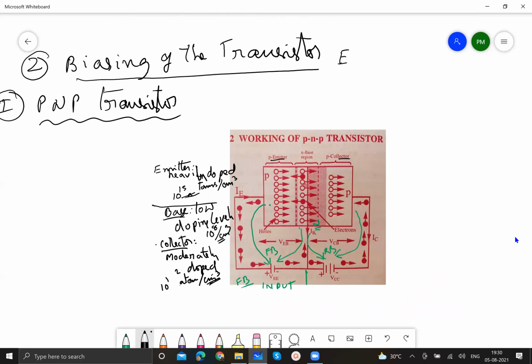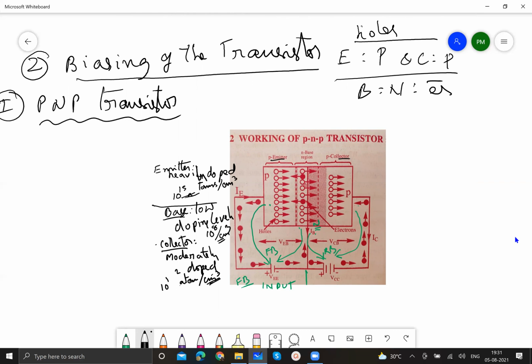Emitter is P. Collector also is P. And base is N. So here holes are the majority charge carriers in emitter and collector, and in the base, electrons are the majority charge carriers.